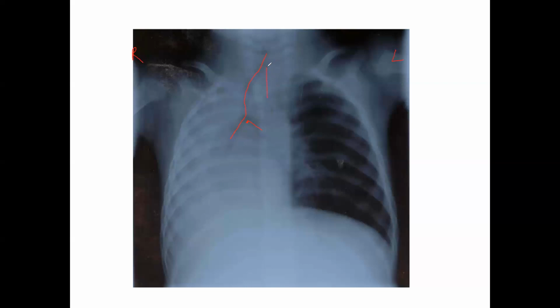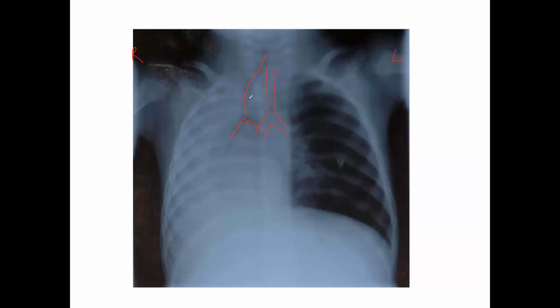So the trachea you should see pretty much like I'm drawing it here. But the true trachea, as I've outlined here, you can see has a sigmoid shape because that should be straight up and down.